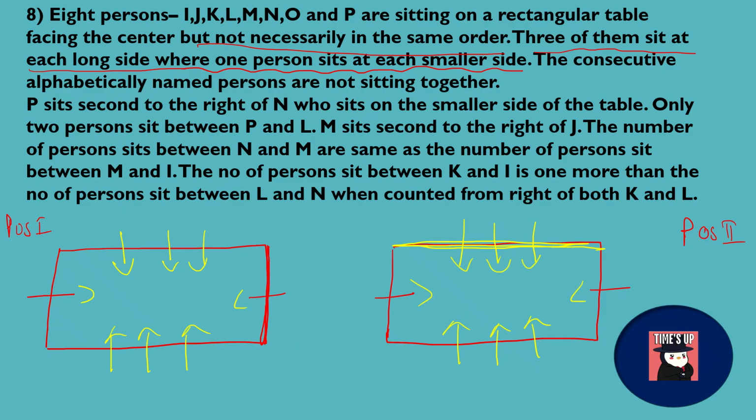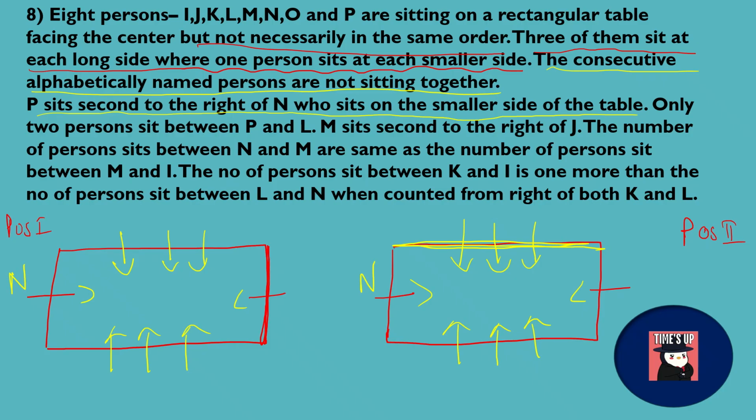Correct? Now, here also they have said that the consecutive alphabetically named persons are not sitting together. P sits second to the right of N, who sits on the smaller side of the table. I'll take N here.